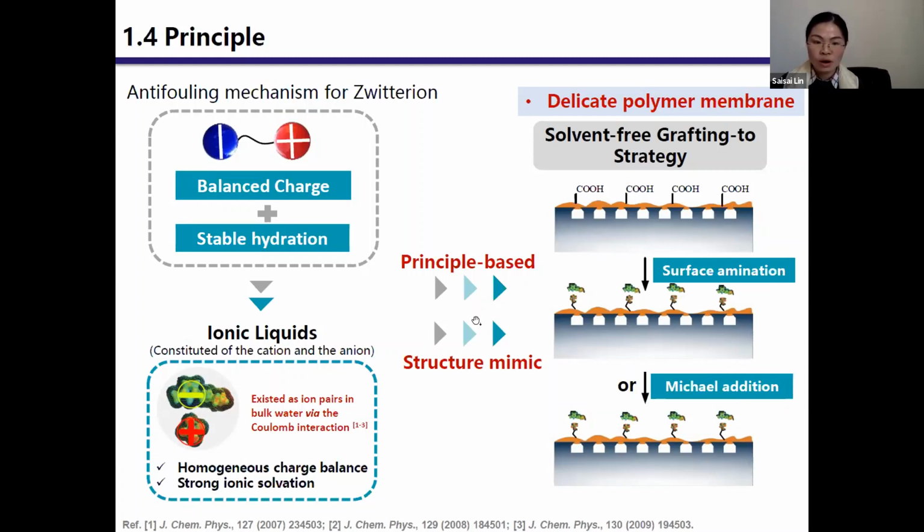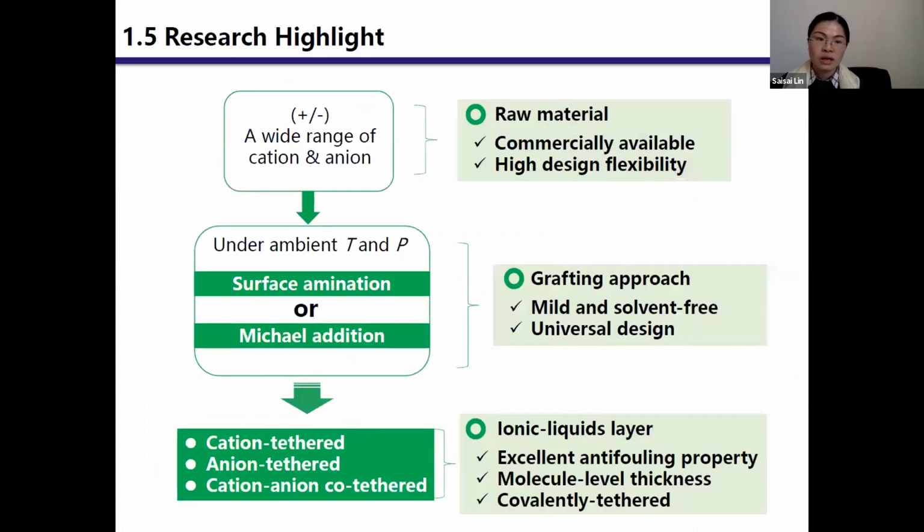In this work, we look to find a solvent-free and green grafting strategy to graft ionic liquid materials onto the delicate PA membrane surface. The highlights of this research include three parts. For the raw materials, we can choose from a wide range of cations and anions of ionic liquids, so it has high design flexibility.